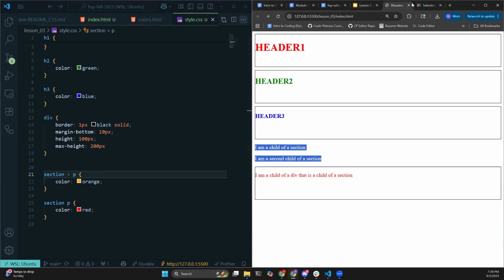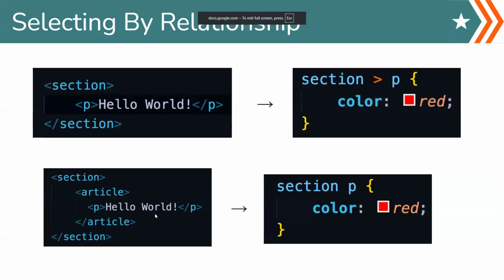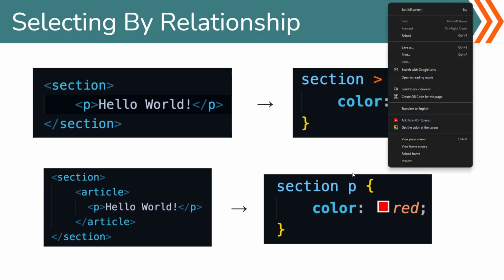This is saying that no matter where this p tag is located, as long as there's a p within the section, whether it's a direct descendant or nested deep in there, if it's inside of a section, that p tag should be red. Where the previous one said it has to come directly after section, this one only means it has to be within a section, anywhere within it.